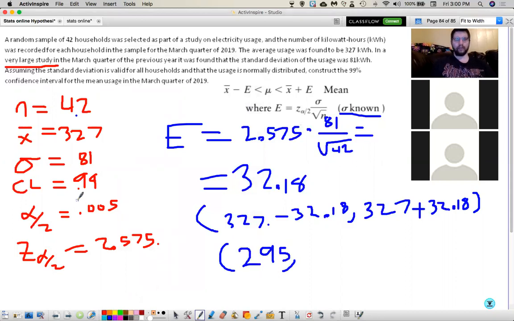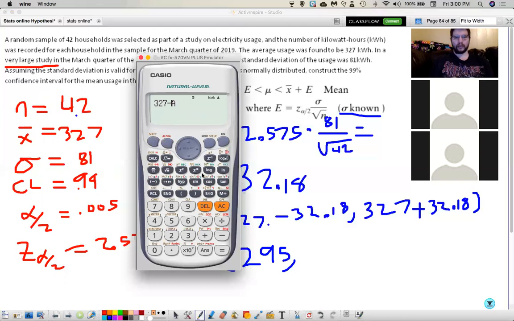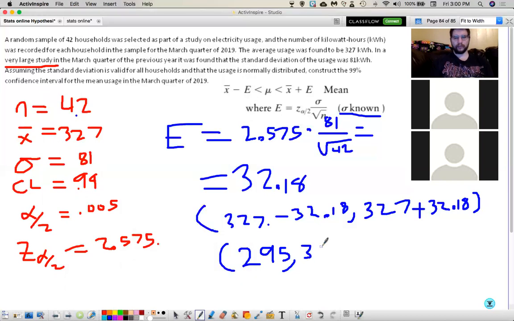We go with the same place value as our sample mean. So I'm going to change this from a minus to a plus, and that'll give me my upper limit, 259. And that right there would be the confidence interval.